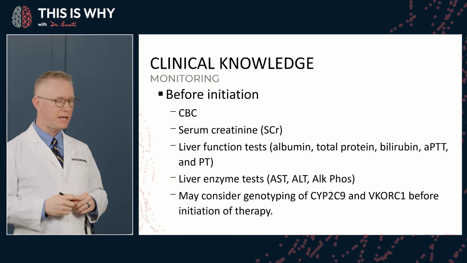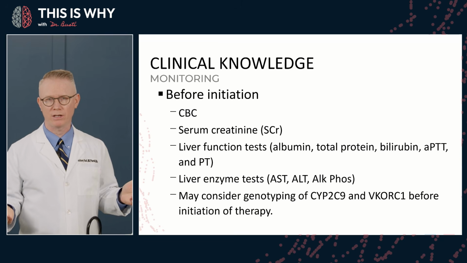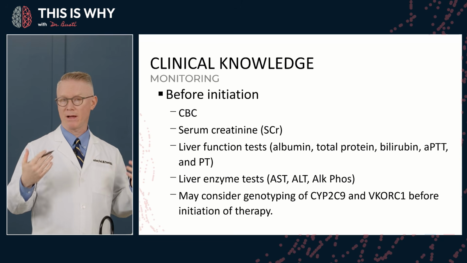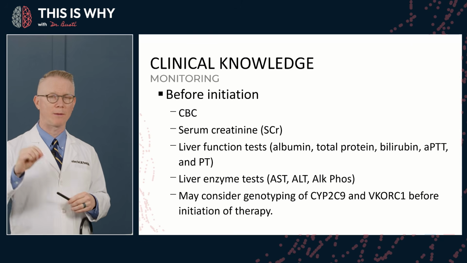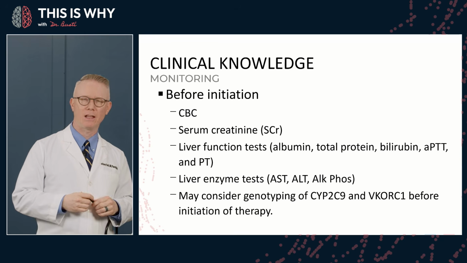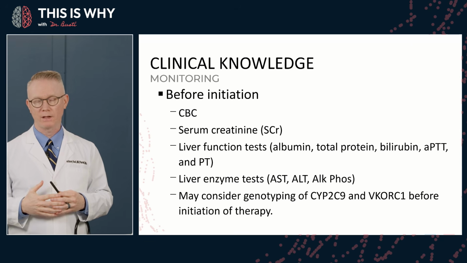And then lastly is consideration of the genotyping of patients, if you have the ability to do that. There are growing efforts and tools that are available to assess patients for genetic polymorphisms, but there are two in particular that can influence predominantly the dosing of warfarin, if you know it up front.